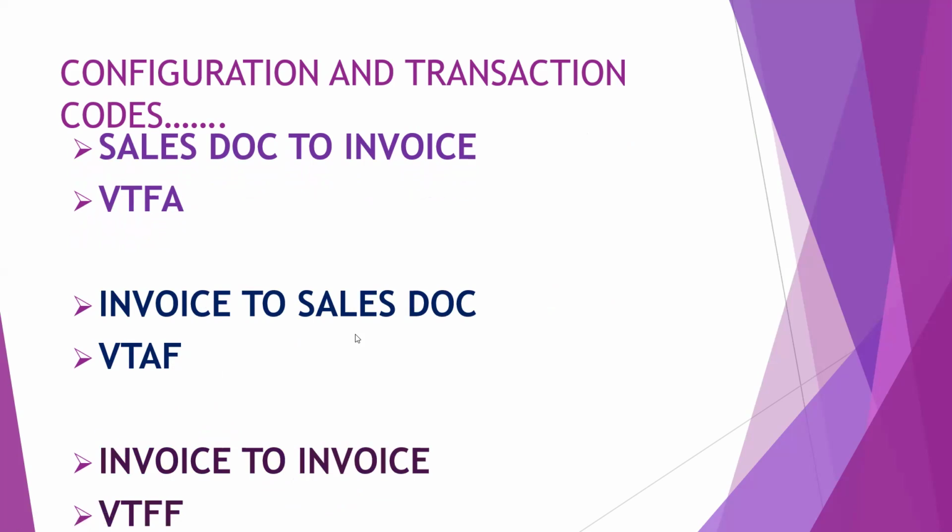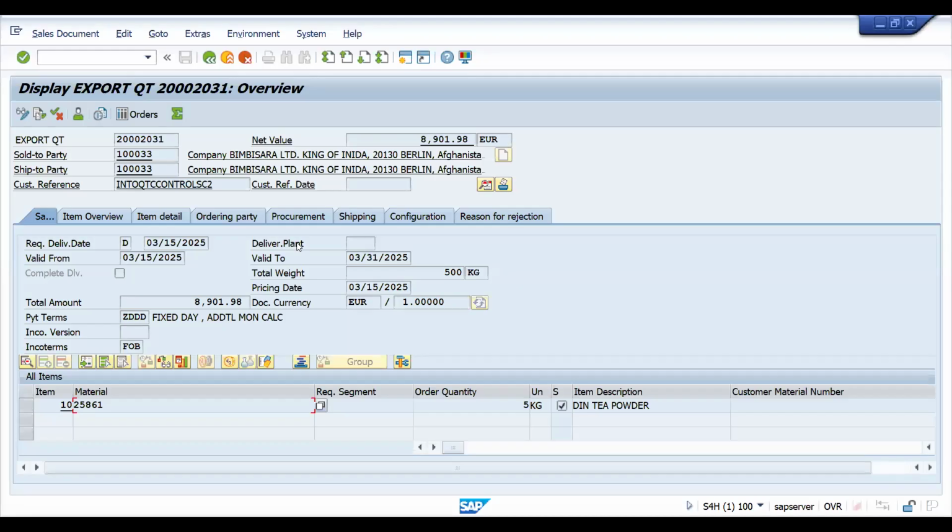Now you understood in this part how custom copy control will be set up between documents from source to target, and if you are creating your own customized document types, how it is supposed to be copied from source to target, how header to header will be copied, how item to item will be copied. Schedule line we haven't seen, but it works in a similar process.